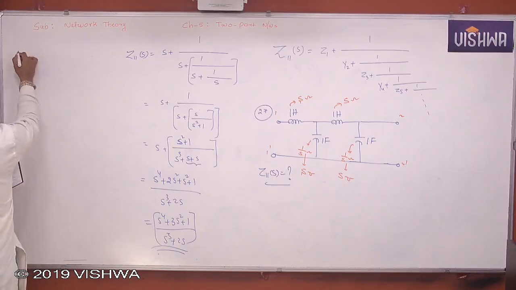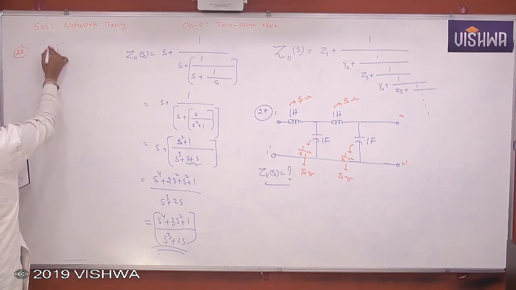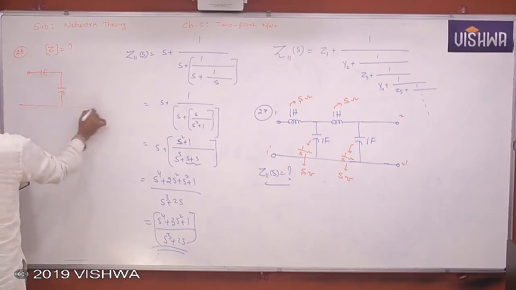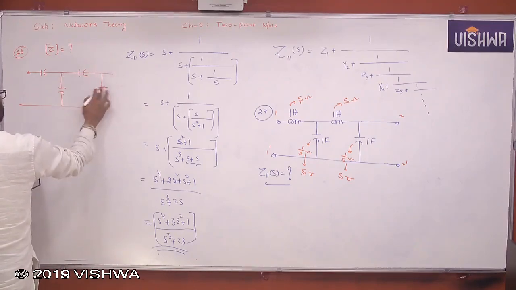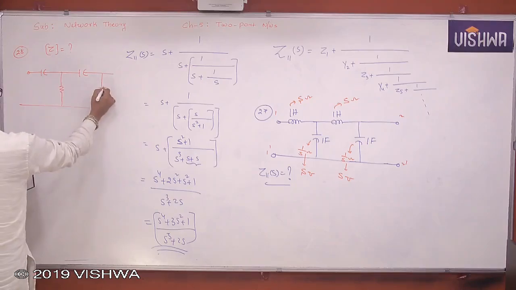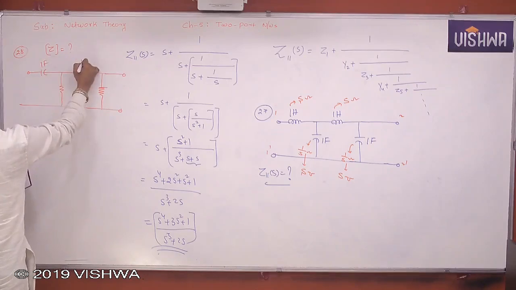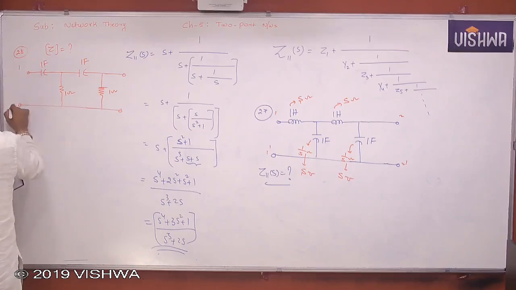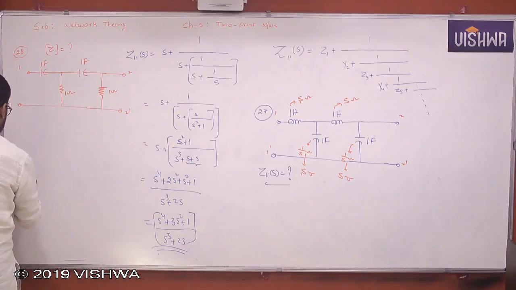Meanwhile, I just give you 2 more. You can work out at home. Find Z matrix. I directly give the answers. 29th.